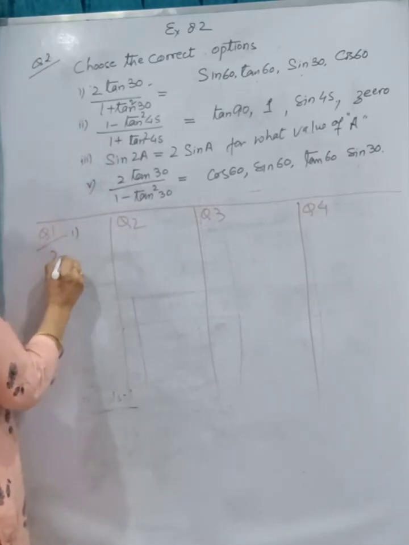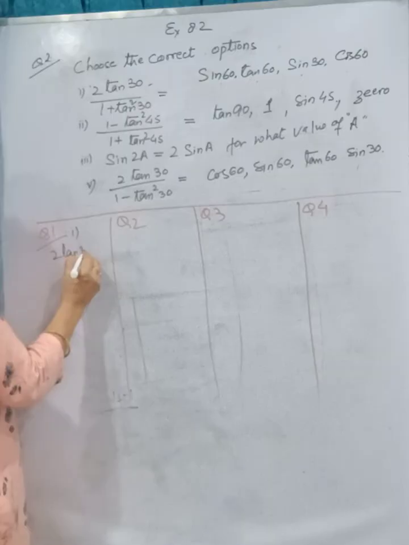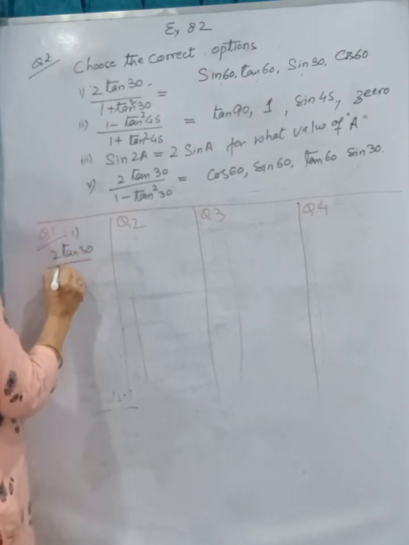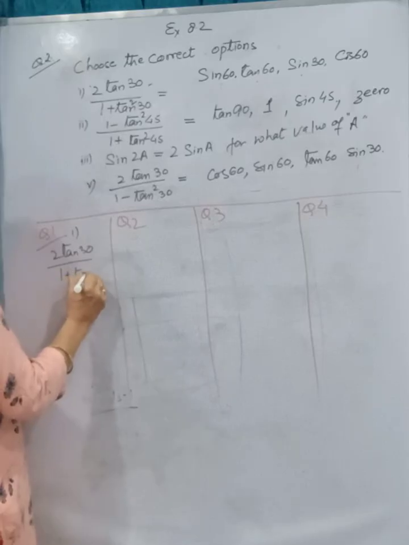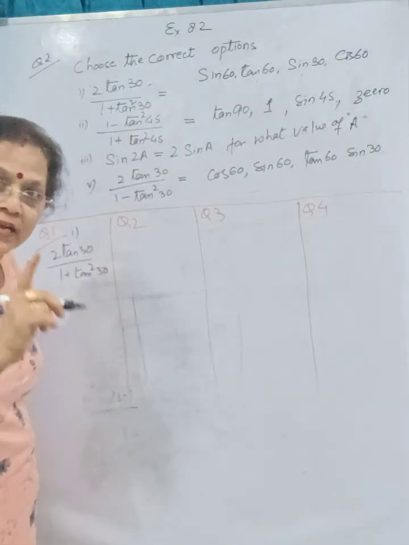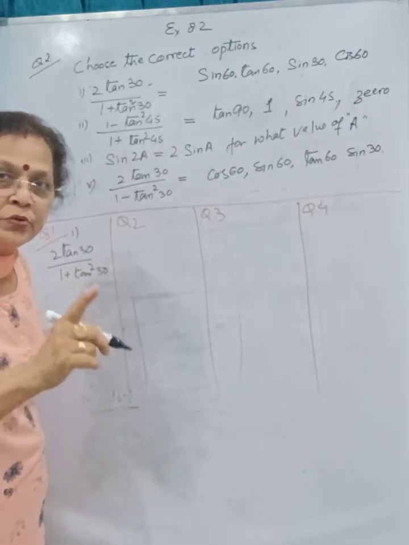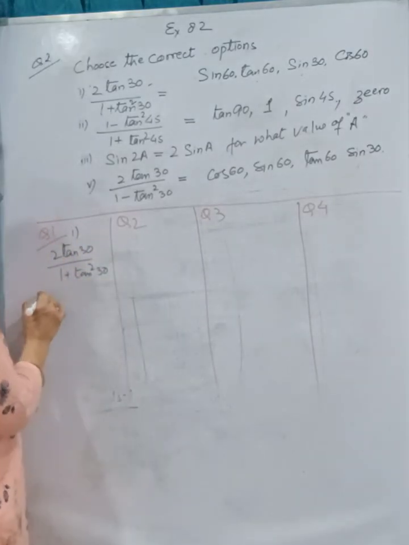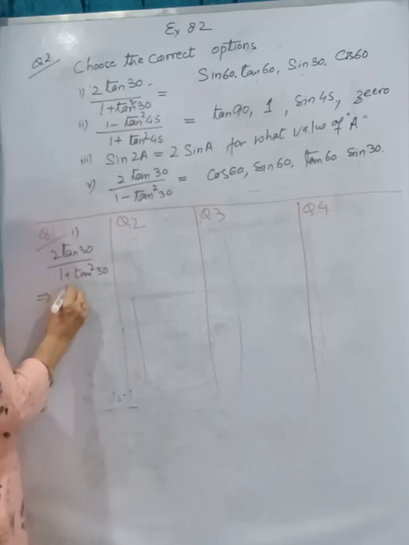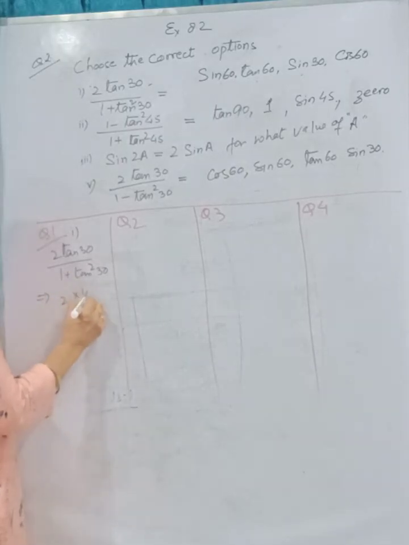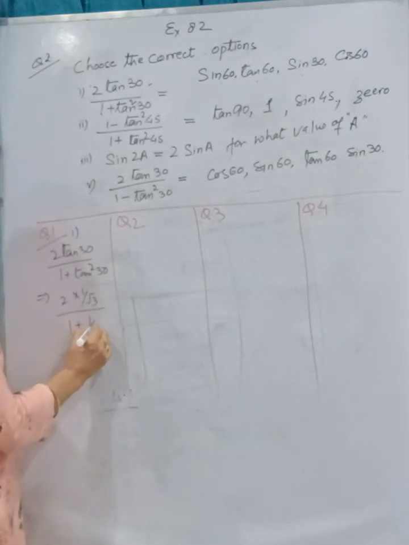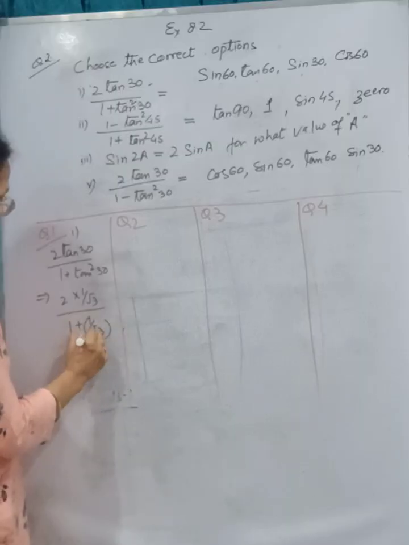2 tan 30 upon 1 plus tan 30 square. Tan 30 is equal to 1 upon root 3. So we can put the value of root 3 here: 2 into 1 upon root 3 upon 1 plus 1 upon root 3 whole square.